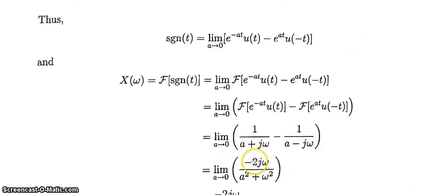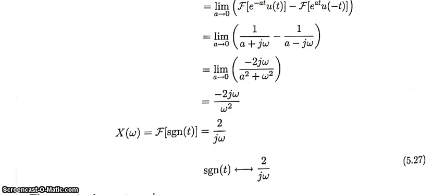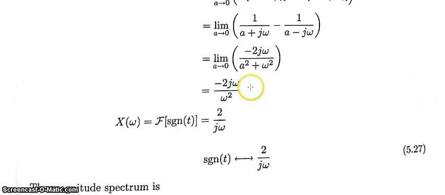When we combine the two terms by taking the LCM, the denominator is a square plus omega square, the product of these two complex terms, and we get the limit a tending to 0 of minus 2j omega divided by a square plus omega square. When we put a as 0, we get 2 divided by j omega.